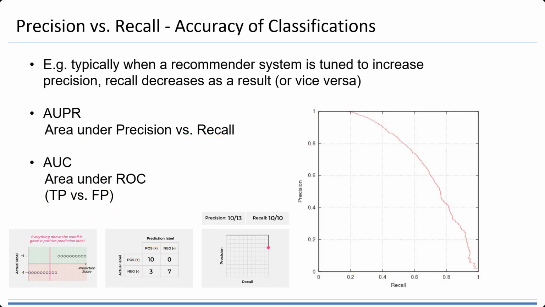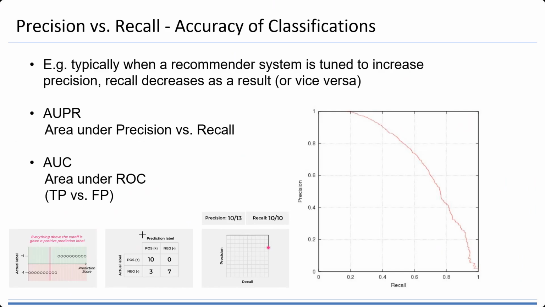So we can see here, if the actual label is positive and the prediction label is positive, we have 10, and the negative is 0. When the actual label is negative, the predicted positive is 3 and the negative is 7. So you can get the recall. The recall is 10 divided by 10.